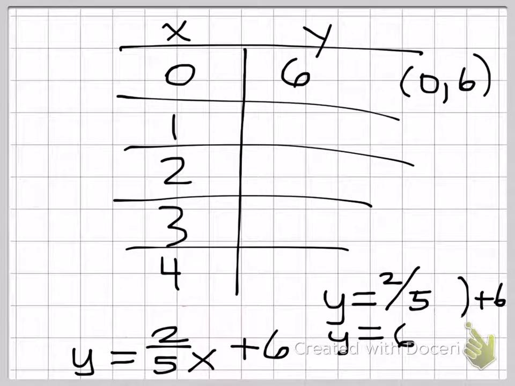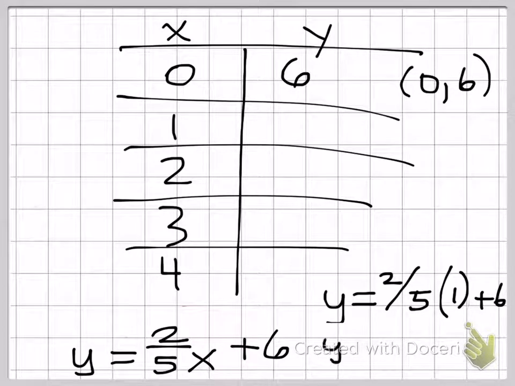So I'm going to replace the 0 with 1 now. And 2/5 times 1 is 2/5, and then 2/5 plus 6 is going to be 6 and 2/5.